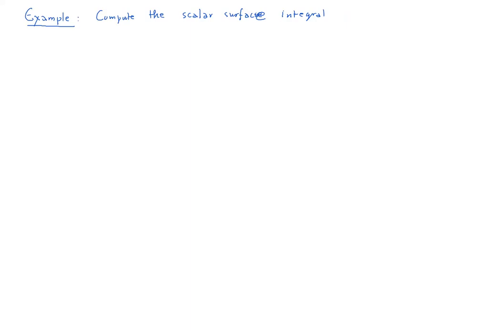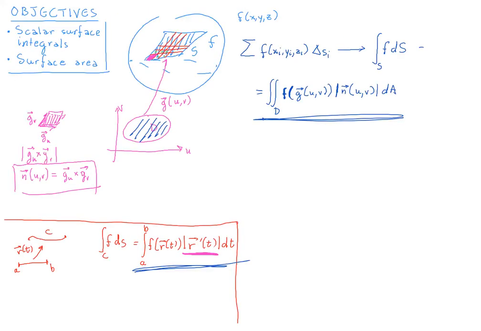That might be a better idea. The scalar surface integral, since this is a surface integral, I should be using a double integral as my sign.